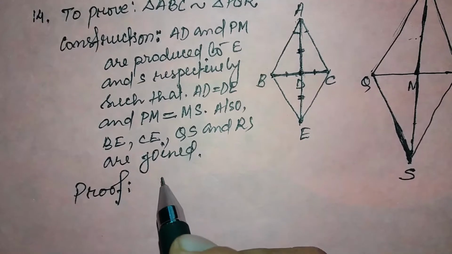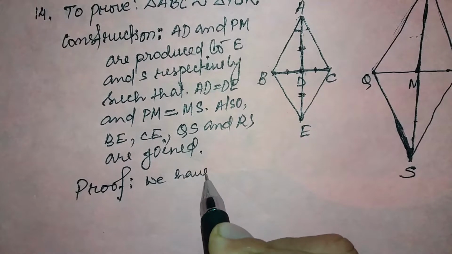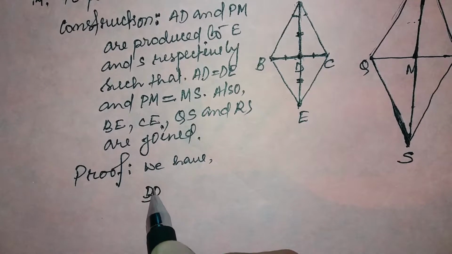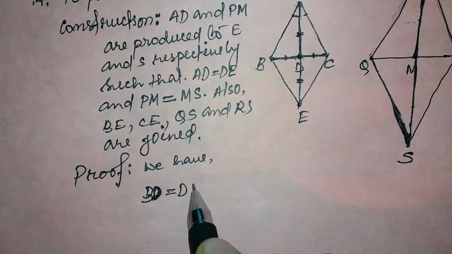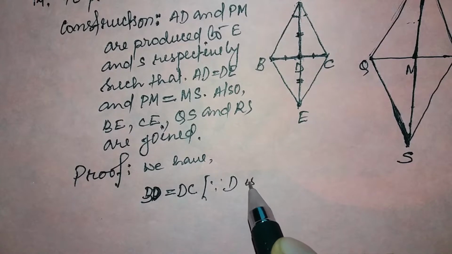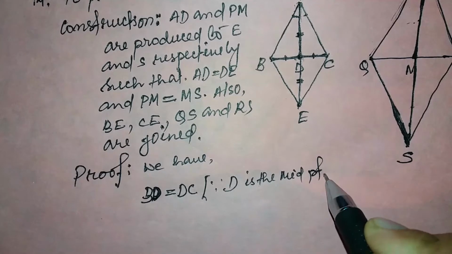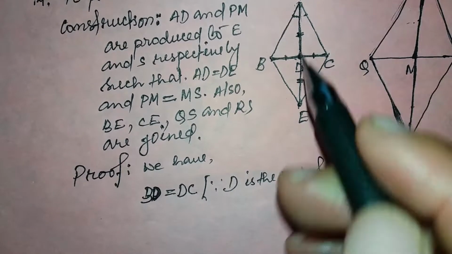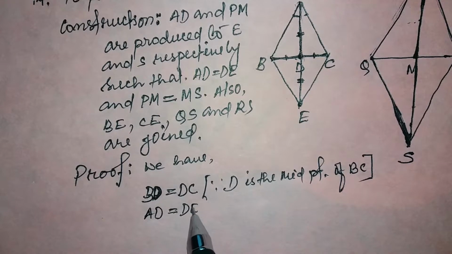So here we have BD is equal to DC, since D is the midpoint of BC, and AD is equal to DE. This is by construction.